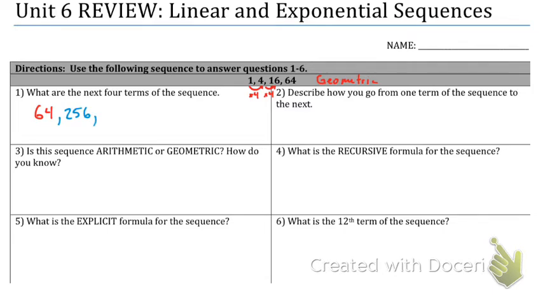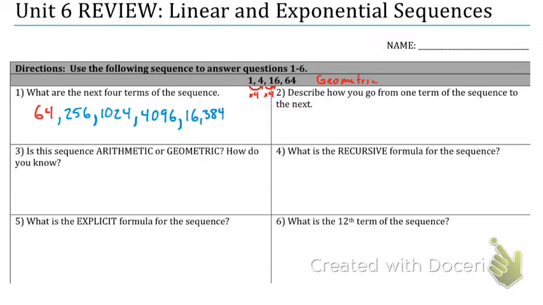Then 256 times 4 is 1024. 1024 times 4 is 4096. And then 4096 times 4 is 16,384. So these are the next 4 terms in the sequence.